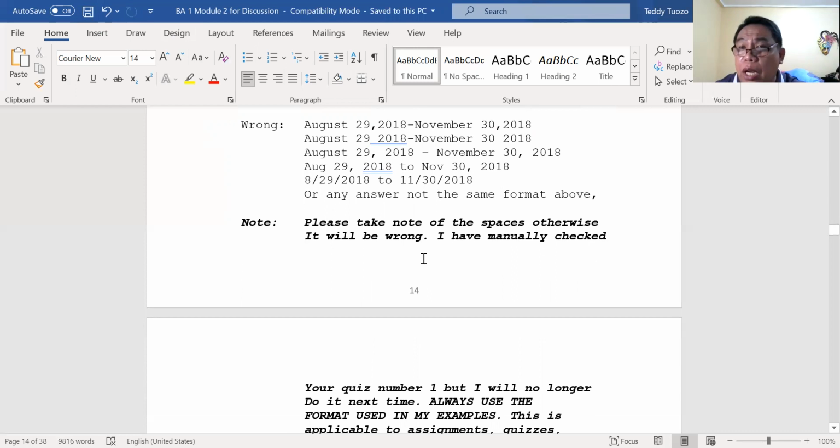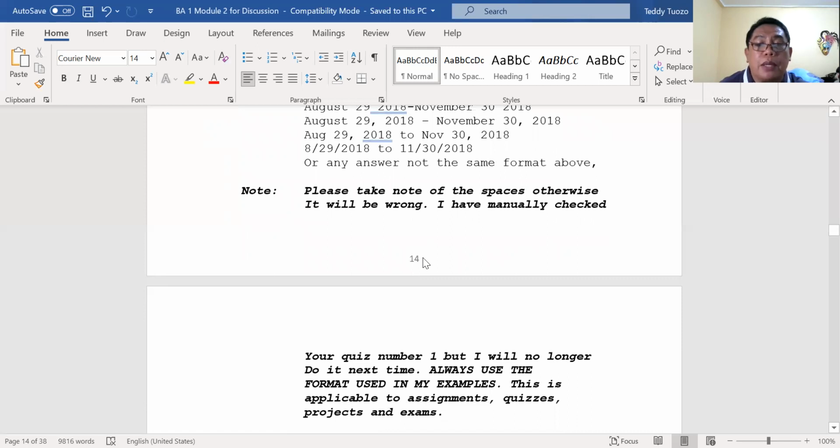Flare recognizes spaces. If my answer key is with space and your answer is without space, it will also be wrong. So I have manually checked your first quiz. But next time, I gave consideration this time, you always follow the format used in my examples.